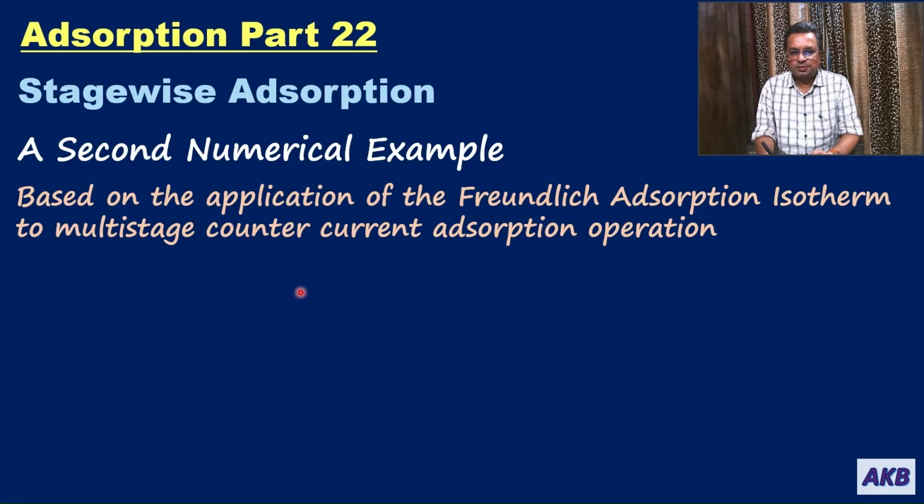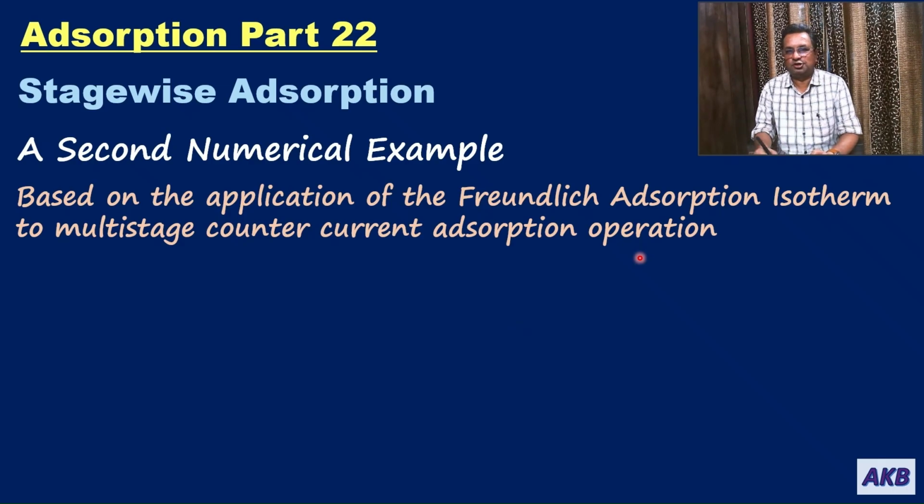In the previous part, I had discussed how to get the quantity of adsorbent that is required in a two-stage countercurrent adsorption operation. I also discussed how to get the minimum quantity of adsorbent that can be used in that operation. And for that, I had used the graphical method to get those quantities.